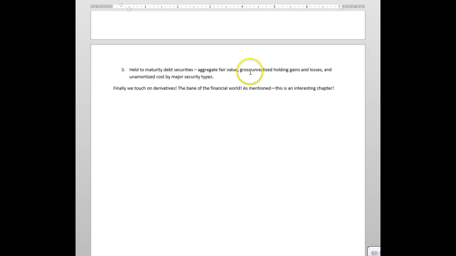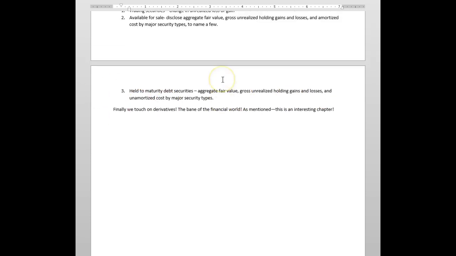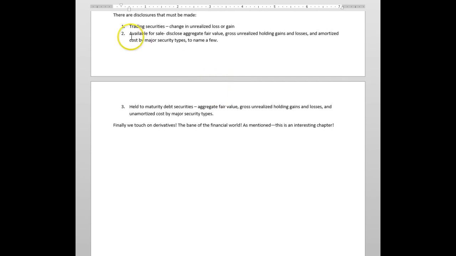Held to maturity debt securities are going to be reported at aggregate fair value, the gross unrealized holding gains and losses, and unamortized costs. You want to keep your investments as transparent as you can for the people who are looking at your financial statements.